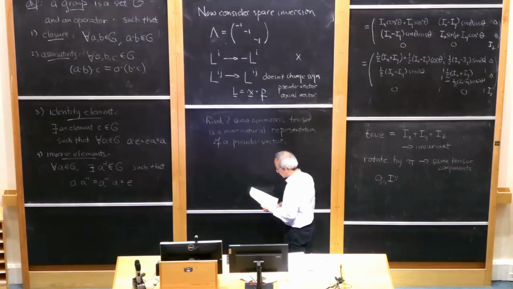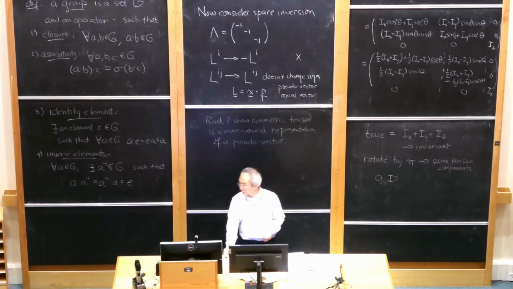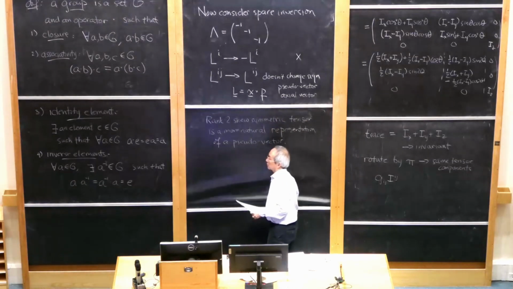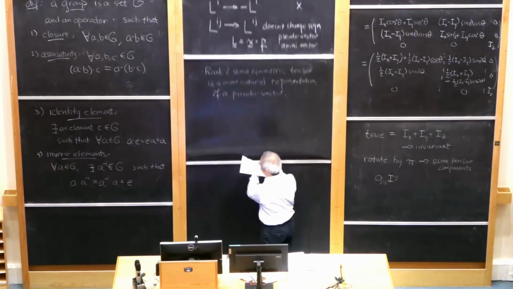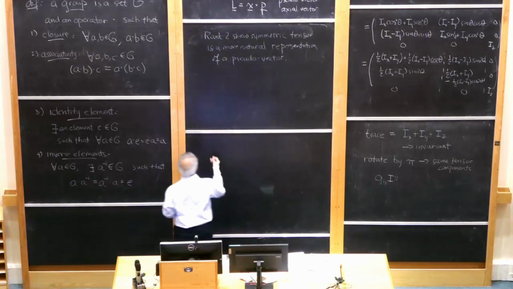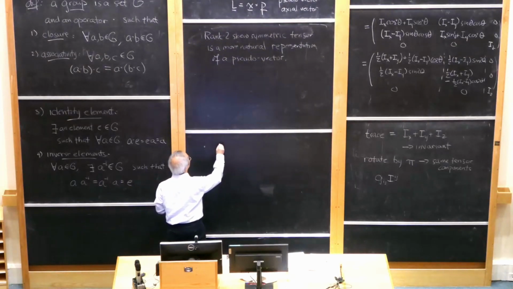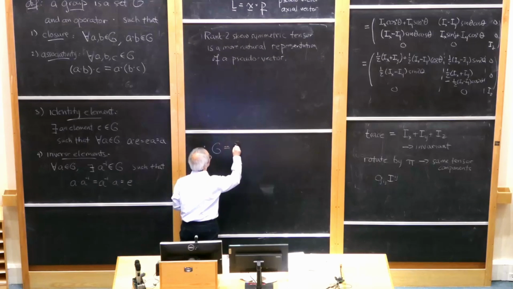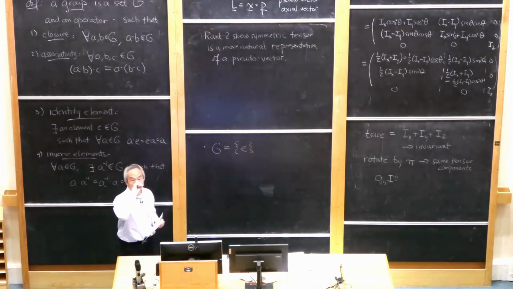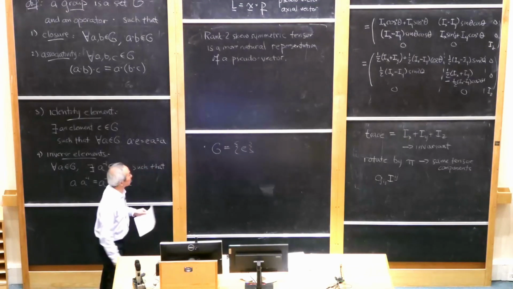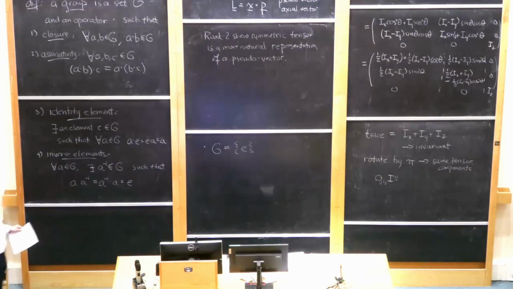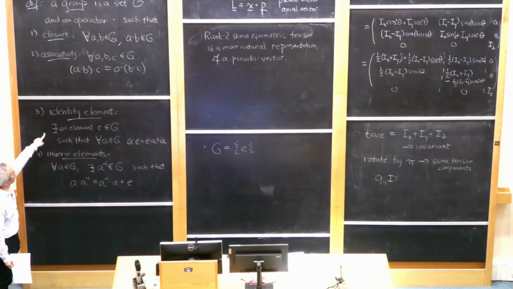Okay, so let's now talk about some examples. Here's one example. G is simply one element, the identity element. Does it satisfy all four? Well, the only thing we have to worry about is the identity element, which is pretty much satisfied by definition.